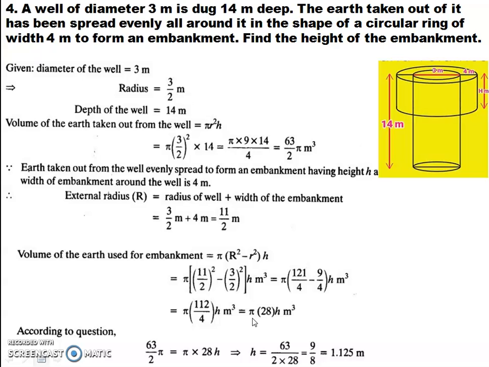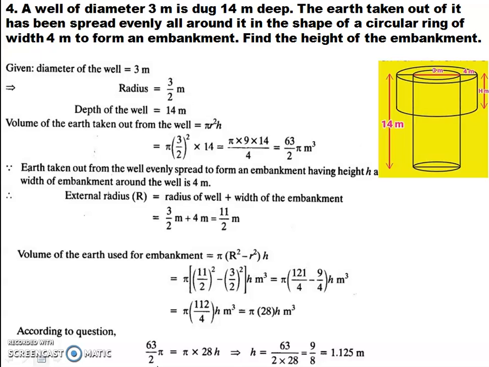h is the height of the embankment. Now, equating the volume of the earth taken out from the well and volume of the earth used for embankment: 28 pi h and 63 pi by 2. Here you can see I can cancel the pi terms. Here 1 pi, here 1 pi.